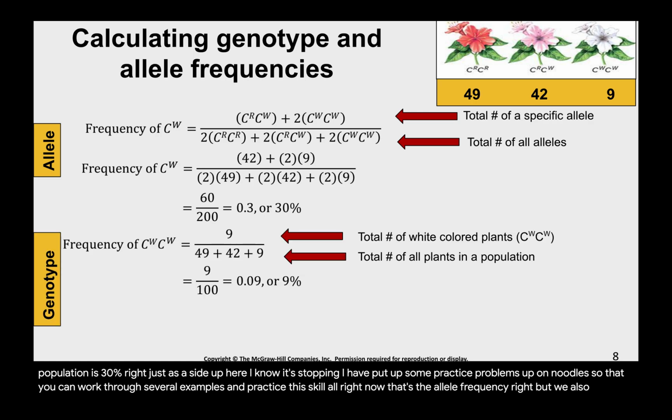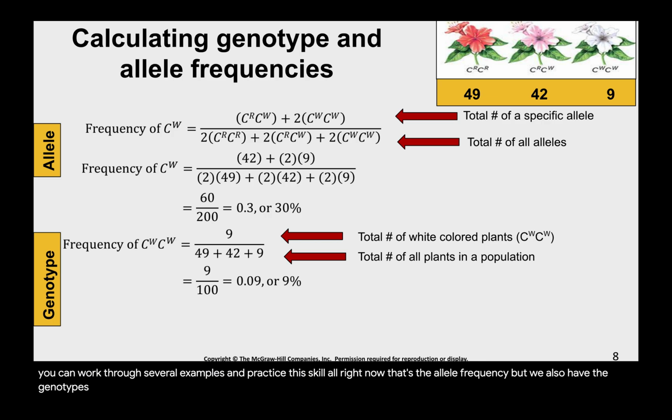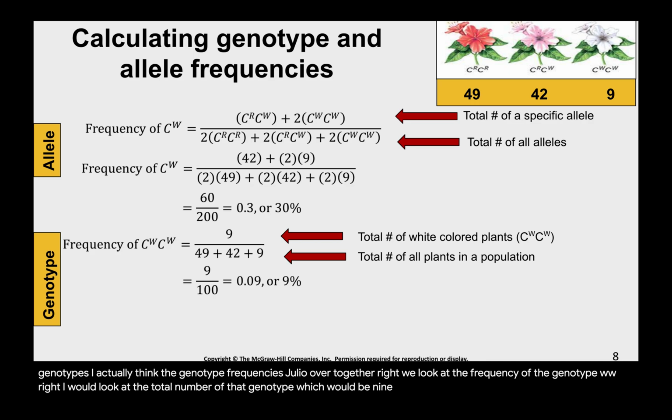But we also have the genotype frequency. I actually think the genotype frequency is a little easier, because you don't have to account for 2 alleles and look at one specific allele over the other. We look at the frequency of the genotype WW. I would look at the total number of that genotype, which would be 9, divided by all the plants in the population.